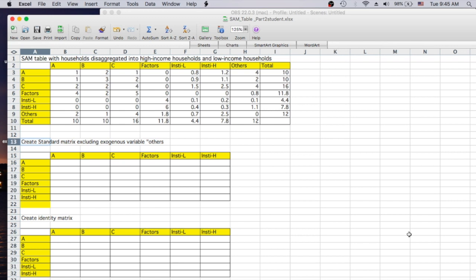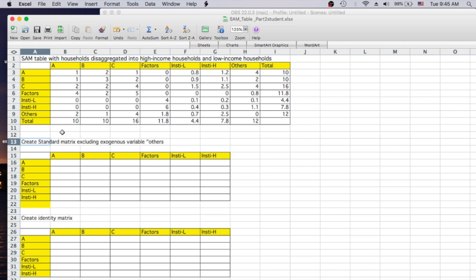You can see that the SAM transaction table is an expansion of the IO model, including factors, lower income households for the institution category, higher income households for the institution category, and also others, indicating the rest of the world, the imports, exports, etc. In this case, we only deal with the impact on the local economy.